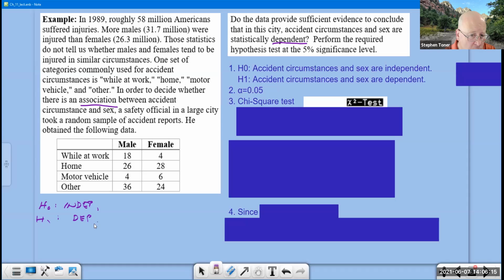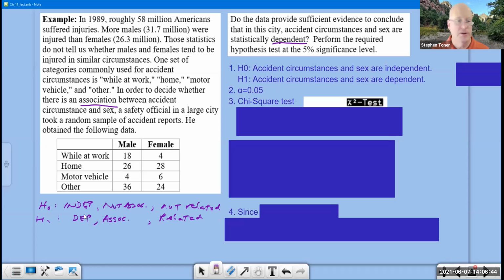We also saw earlier that the word associated would be an alternate, and not associated would be in the null hypothesis. And I'm also going to throw in the words related and not related, because those are another pair of words that show up in these types of problems.